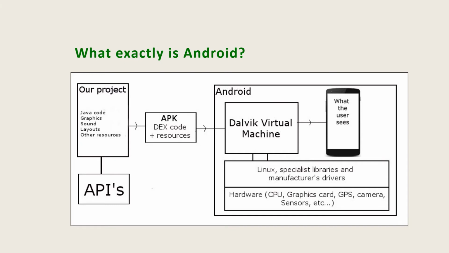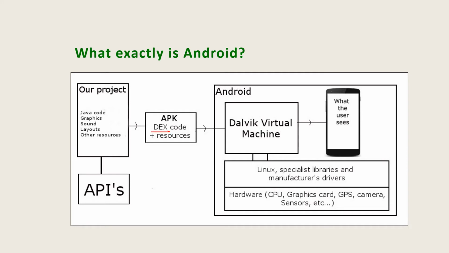So this is exactly the architecture of Android. We know that for things done on Android, we write code in Java of our own, which also uses Java code of the Android API. This is then compiled into DEX.